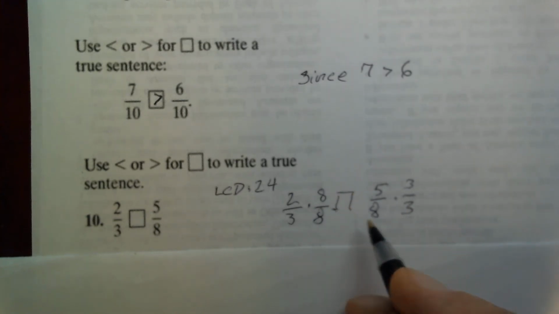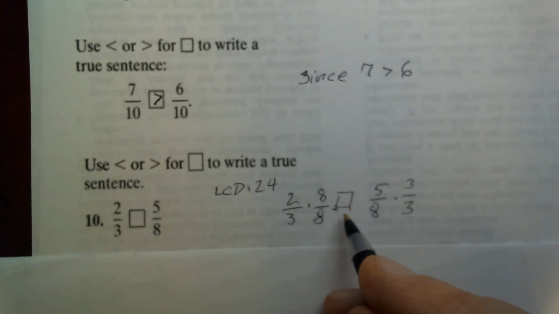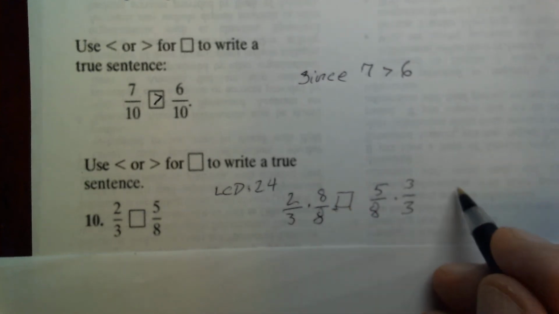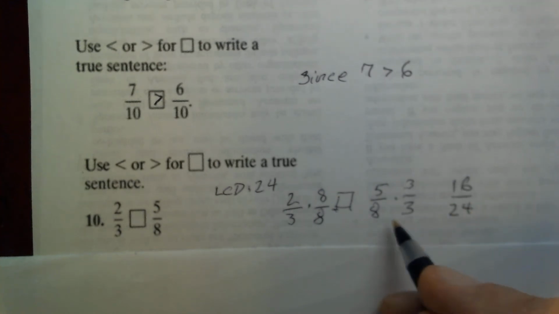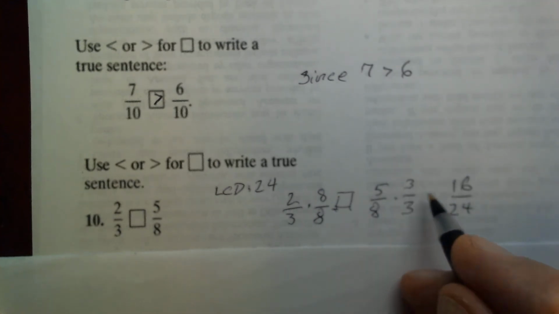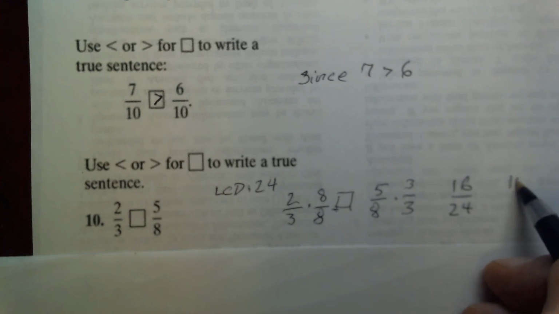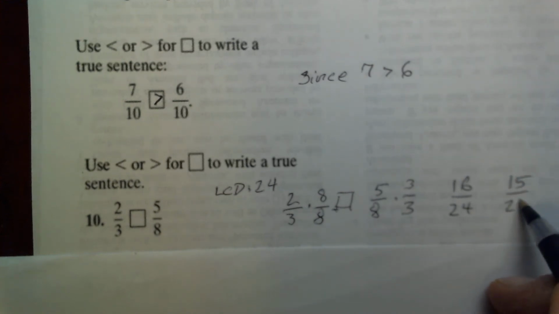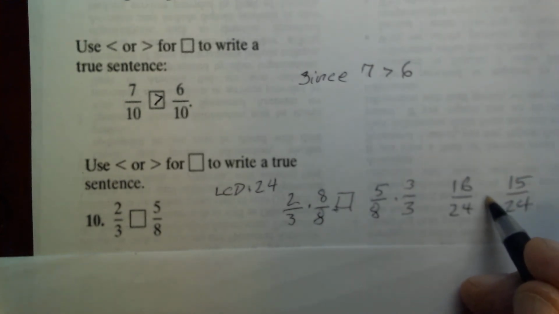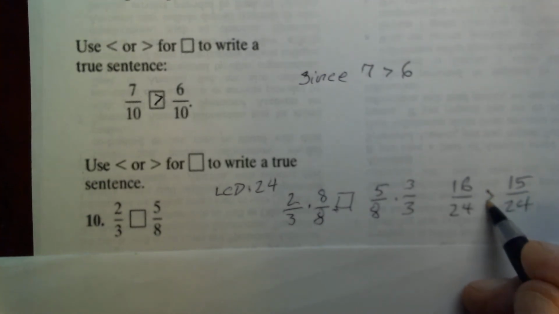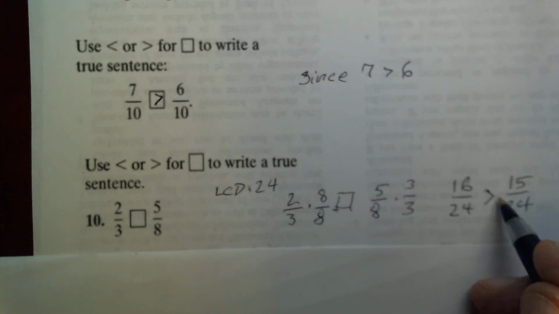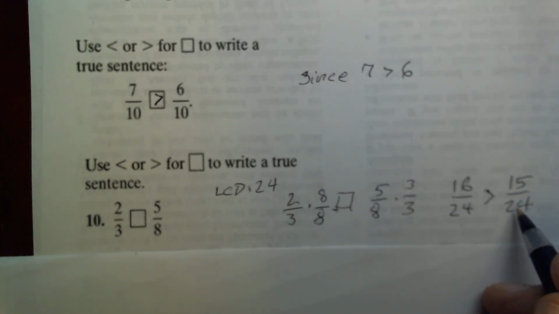So now we're comparing 16, 2 times 8 is 16, over 24 with 5 times 3, or 15, over 24. And since 16 is greater than 15, 16/24 is greater than 15/24.